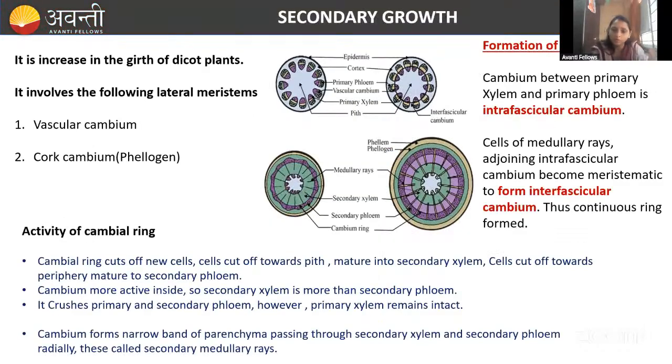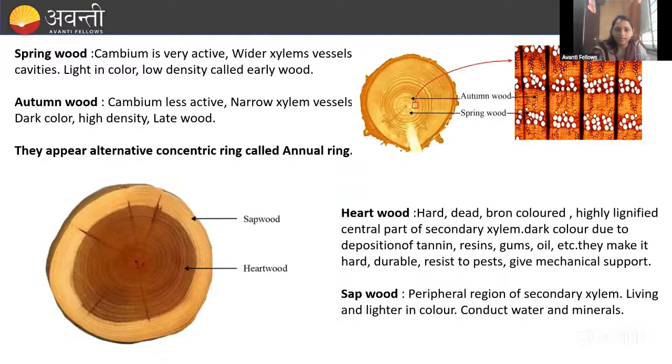This is secondary growth. You can go through this slide. And this is the annual ring. Now only you asked, Puneet, right? So based on the annual ring, we can calculate the age of the tree. The annual ring consists of autumn wood and spring wood. Two rings will be there. One is formed in the autumn and one is formed in the spring. The spring wood will be light in color. The autumn wood will be dark in color. We count both the dark color and the light color together, and we call it the annual ring.